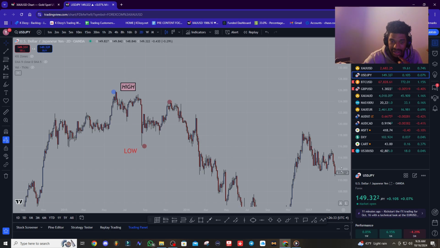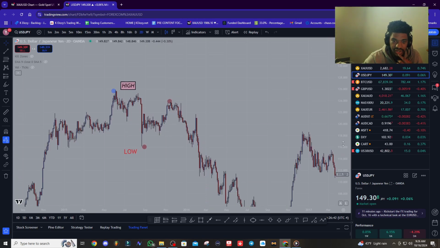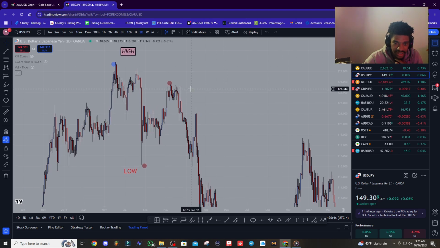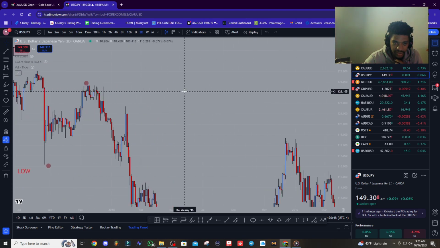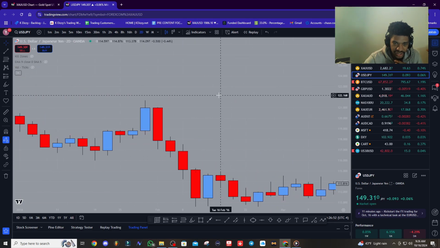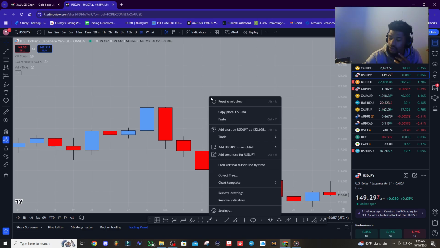By the way, I'm navigating, and how you navigate like me: this right hand side is how you make the chart look more vertically appealing, and then when you scroll you can make it horizontally as appealing as you want, if you like looking at the chart like this. And I'm not gonna lie, how you have the chart makes a huge difference.